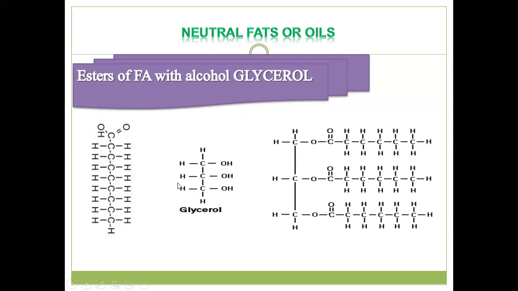Esters are formed by the reaction between the hydroxyl group and the carboxyl carbon of the fatty acid, leading to the release of water and the formation of a bond called an ester bond.